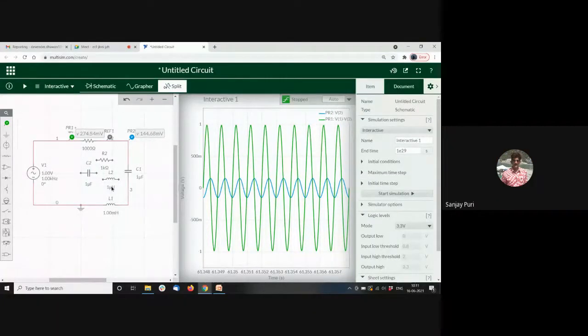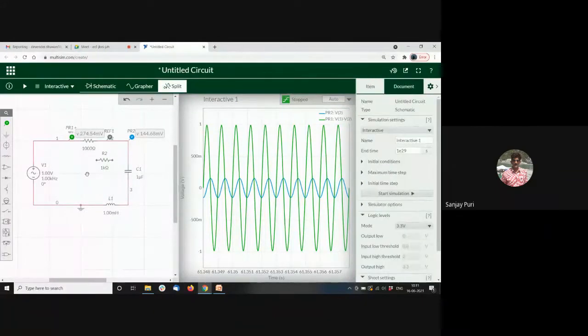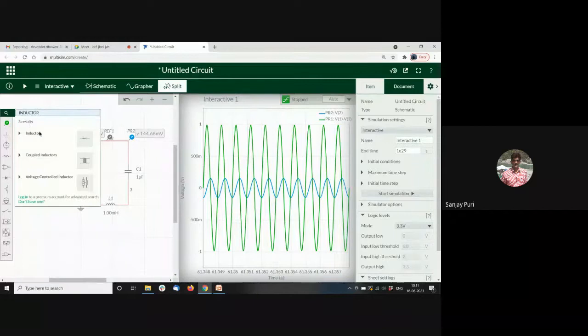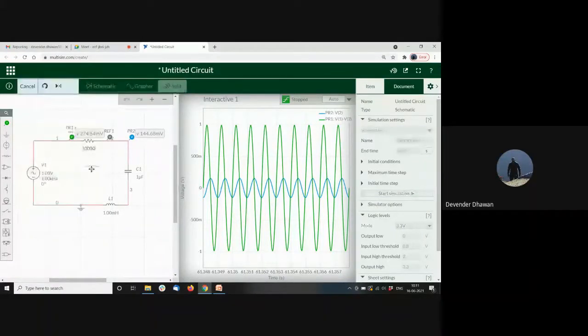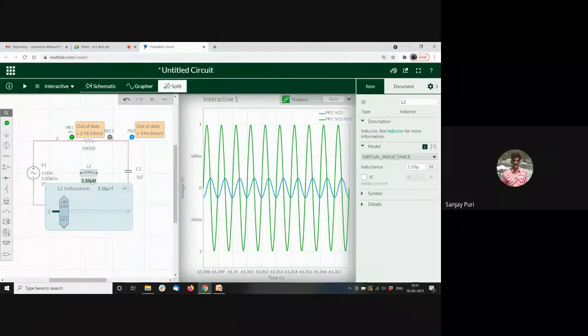I actually selected that inductor from the search window, so I was not getting a value. Now we will not get any value if you choose it that way. You see, sir, we are getting 1 microhenry, so I can change it, but I'm still not getting the inductor.